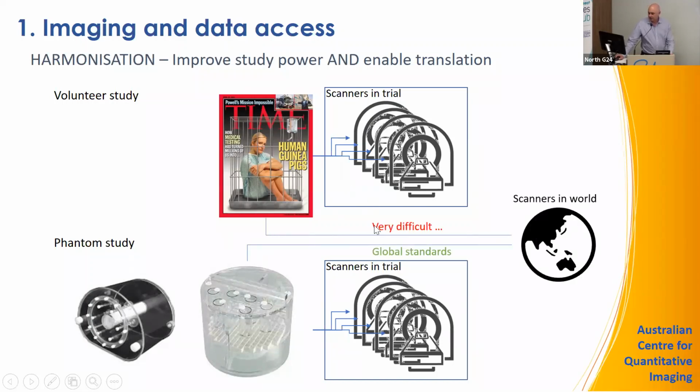So we certainly can't send that human around the world to harmonize imaging, but we can manufacture phantoms the same anywhere in the world and ensure that we get the same results across scanners. And there are organizations like NEMA, the National Electrical Manufacturers Association or something like that, that define how these phantoms can be created in standardized ways.